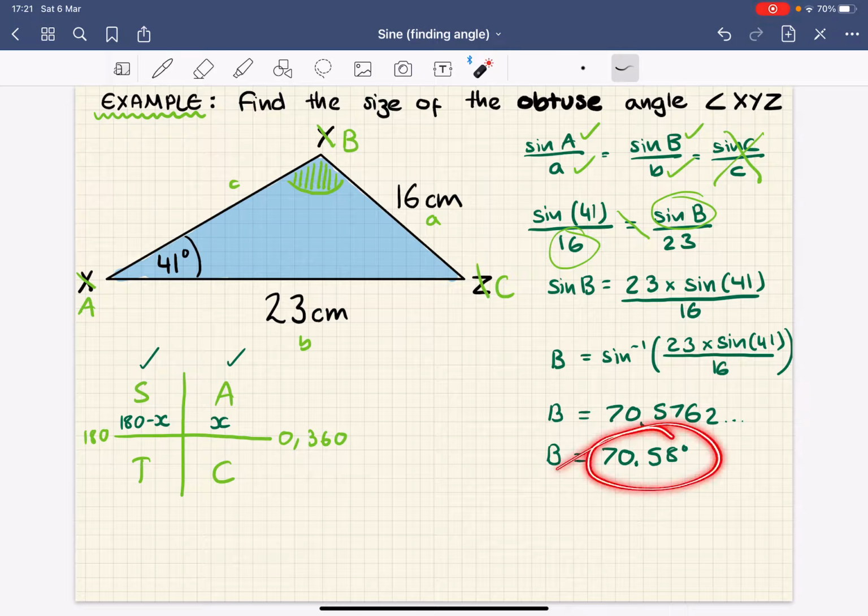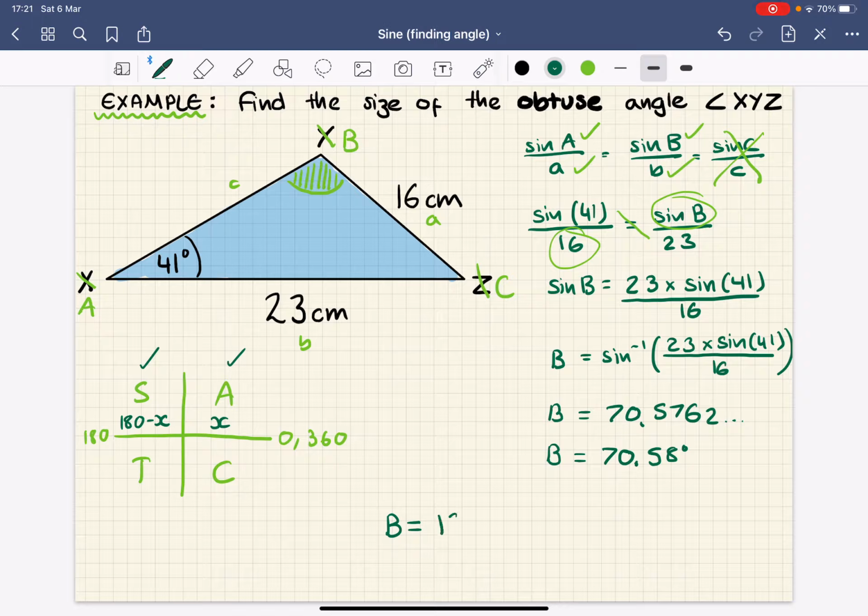Remember, this is my first answer, so that's my x. So my actual answer, the actual angle for B, is going to be 180 take away that 70.58. So my final answer is going to be 109.42 degrees. And that's my final answer.